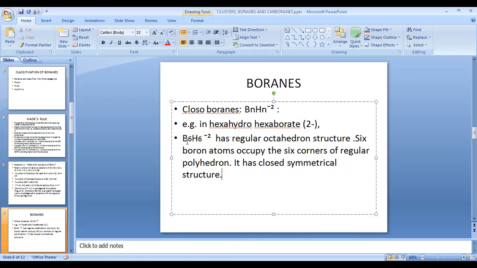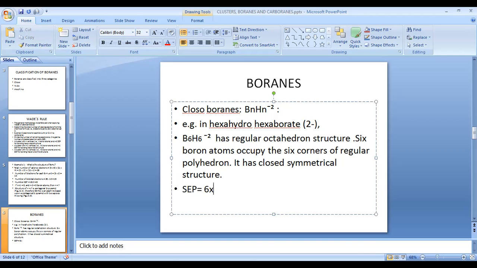So how many borons do we have? 6, and each boron contributes 3 valence electrons.